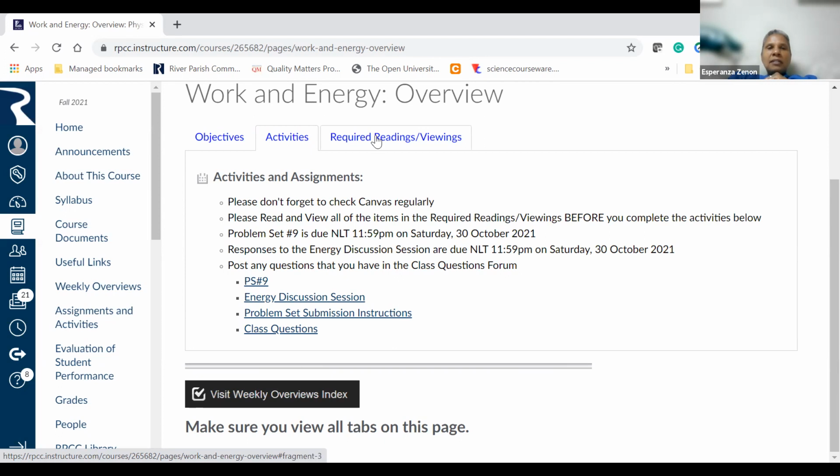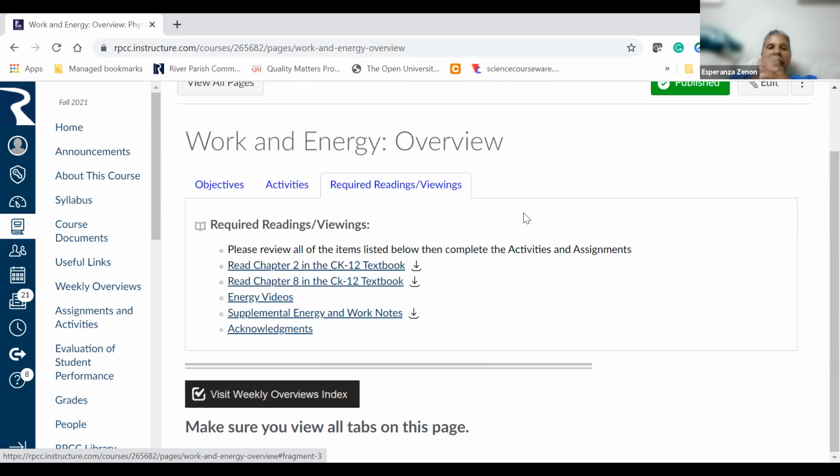Okay, so let's go into the readings materials and the viewings materials. There are 2 chapters in your CK12 textbook that deal with work and energy. You are supposed to read those 2 chapters. And if you have questions about anything you've read in those 2 chapters, please don't hesitate to reach out to me. It's important to get those types of questions answered if you're reading material in the textbook, okay?